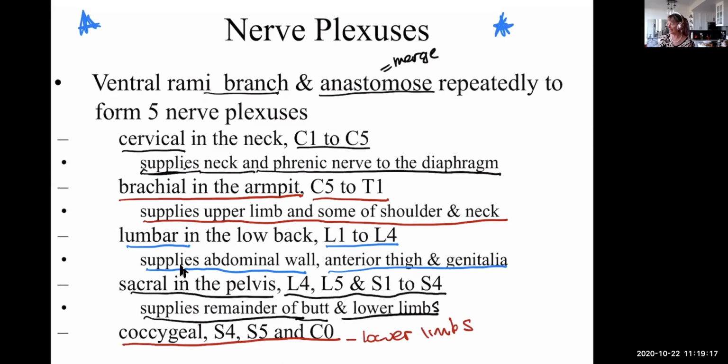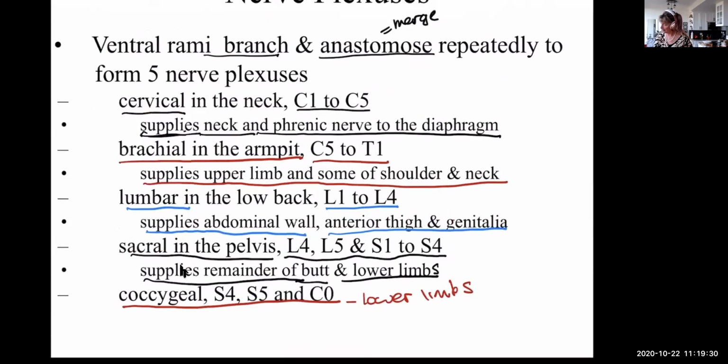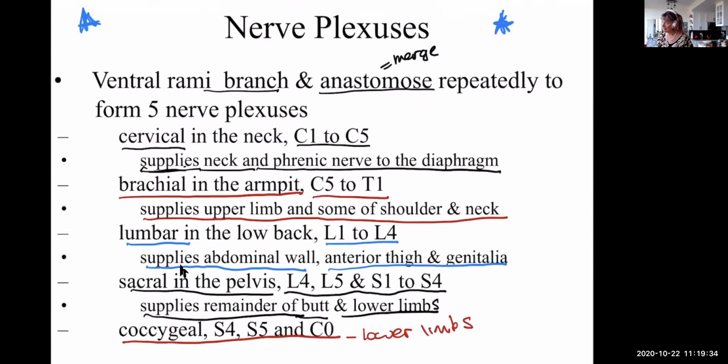I just started looking for that today, but I will find a good one that you can watch because they are fairly complex. But in particular, do remember the origin and what part of the body is supplied or innervated by that particular plexus.